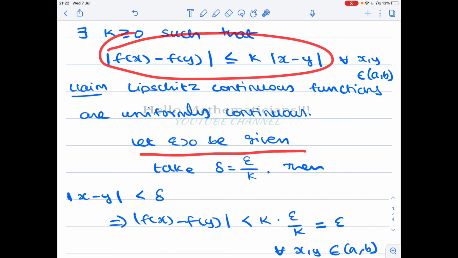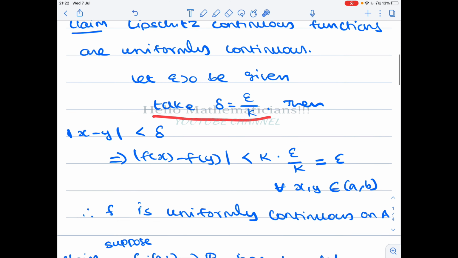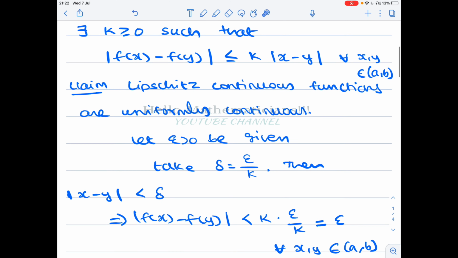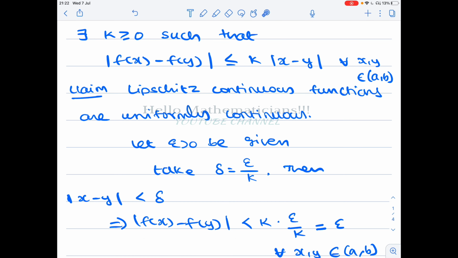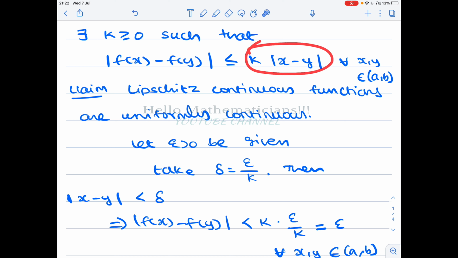Let epsilon greater than 0 be given. We take delta to be epsilon by k. Now suppose mod x minus y is less than delta. Since f is Lipschitz, mod f(x) minus f(y) is less than or equal to k times mod x minus y.